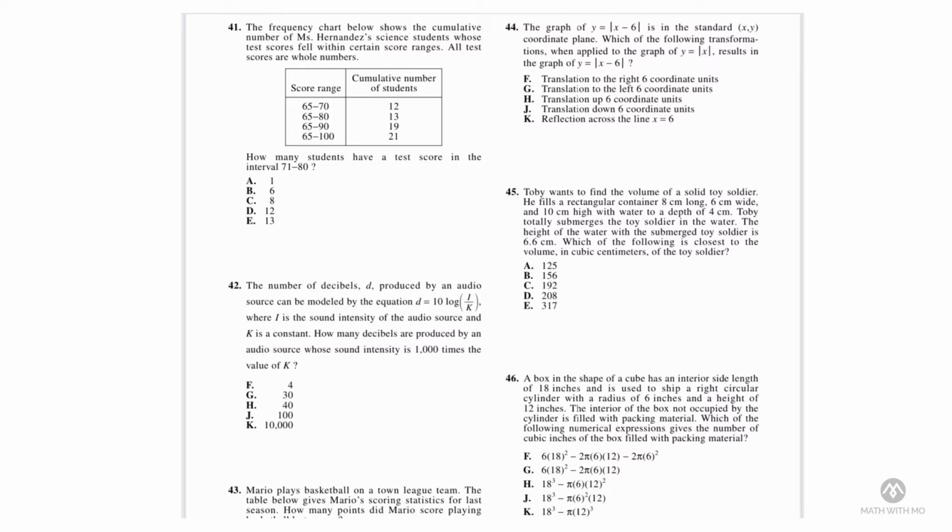So we know from 65 to 70 there are 12 students. From 65 to 80 there are 13 students. It's cumulative, so between 65 and 70 there are 12 students, which means from 71 to 80 there's only one student.